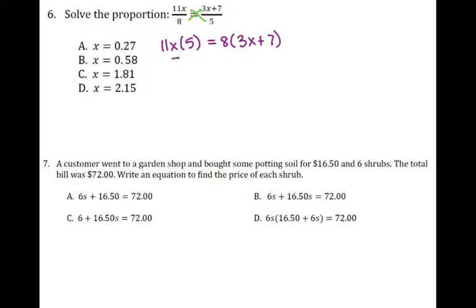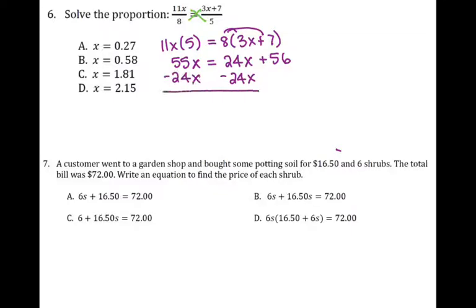11x times 5 is 55x. I can distribute this 8 into the parentheses, so 8 times 3x is 24x, and 8 times 7 is 56. Now I can subtract 24x from both sides. That gives me 31x equals 56.